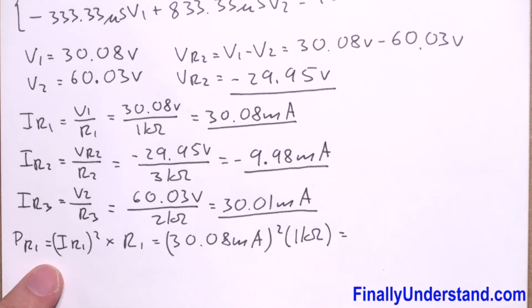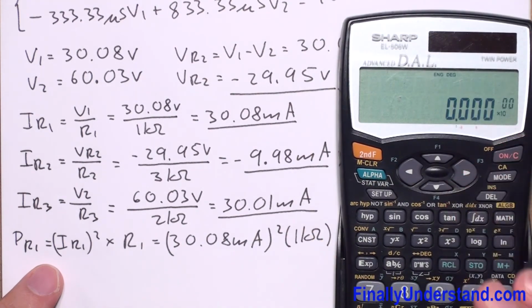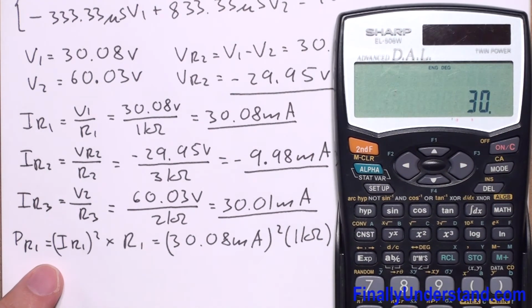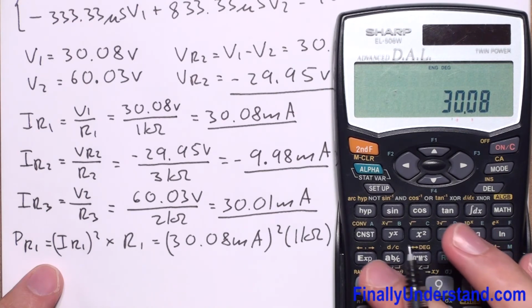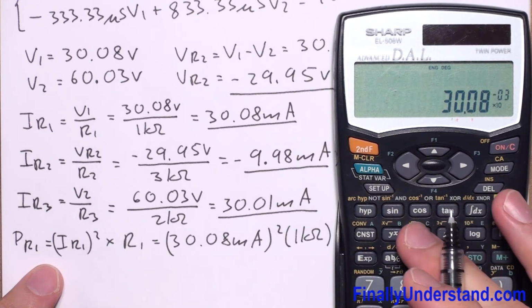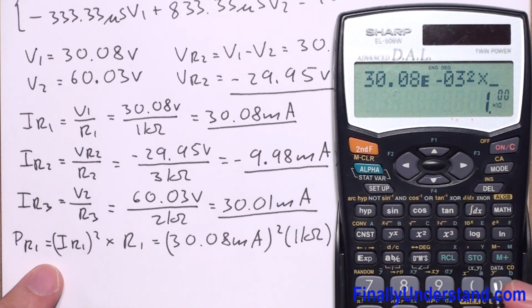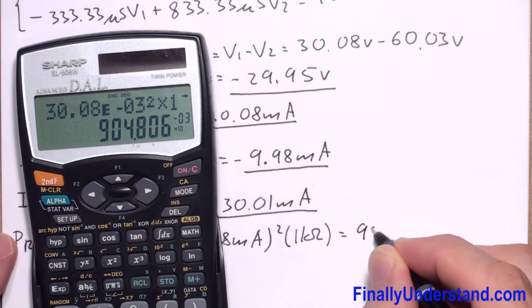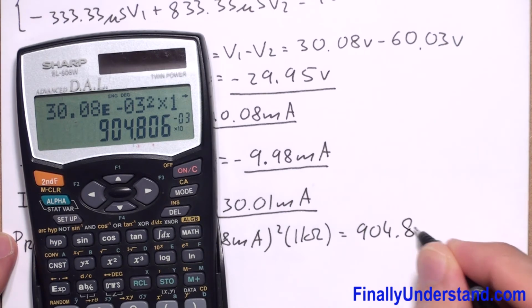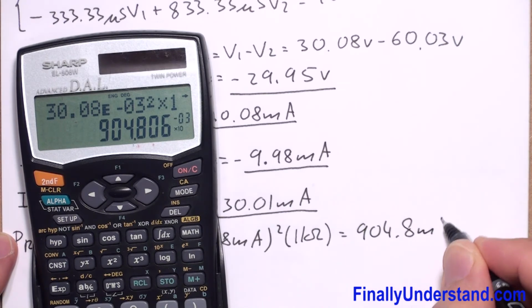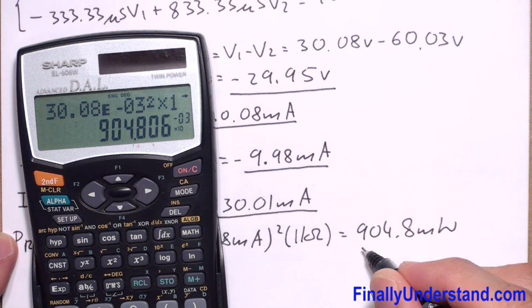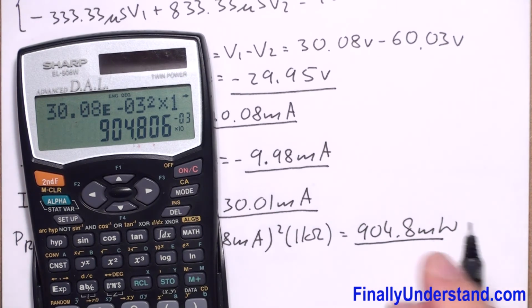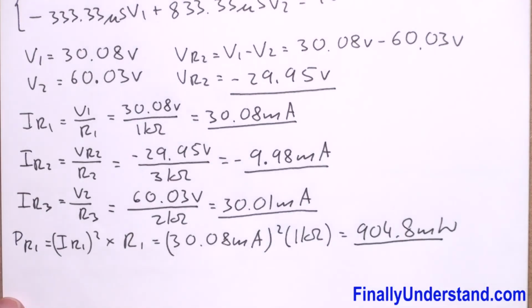So this is equal 30.08 exponent 3 negative to the second power times 1 exponent 3. This is equal 904.8 milliwatts. So we found the PR1.